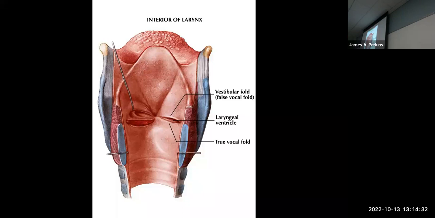Instead, the false vocal folds, their only job is to close off the entrance to the larynx to help prevent food from going down into the trachea. Those two different sets of folds are separated by this little space called the laryngeal ventricle. And on Monday, when we do this dissection, you should be able to take the tip of a probe and kind of probe into that little ventricle.